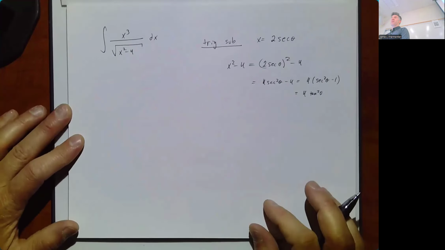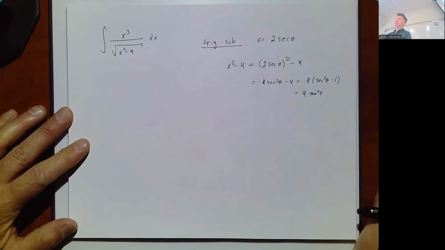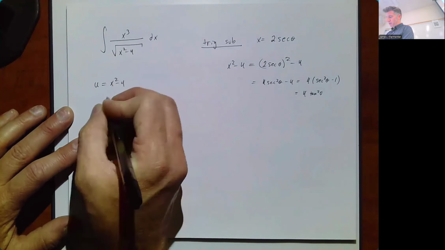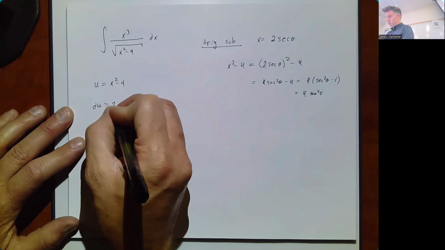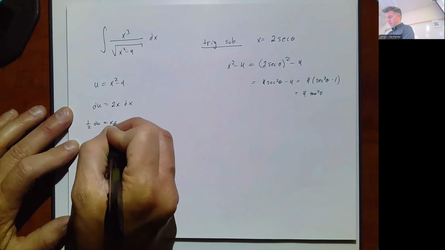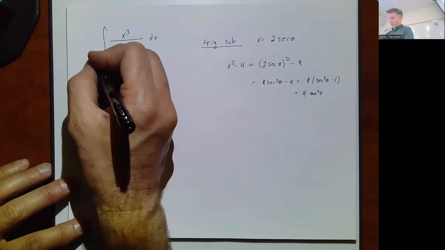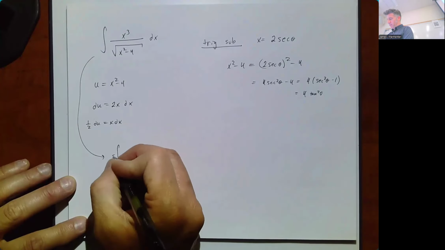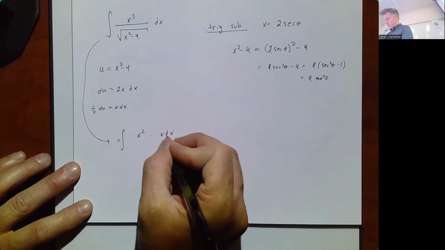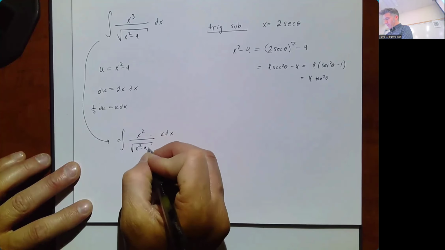What we're going to do instead is a u sub with a back sub. So here, if we let u equal x squared minus 4, the du is going to be 2x dx. 1/2 du is equal to x dx. And that's going to soak up one of those x's on the top. So we can rewrite this integral as the integral of x squared times x dx over the square root of x squared minus 4.